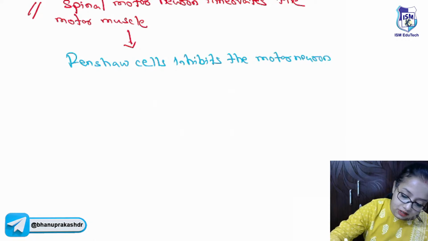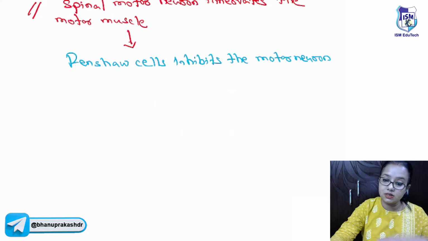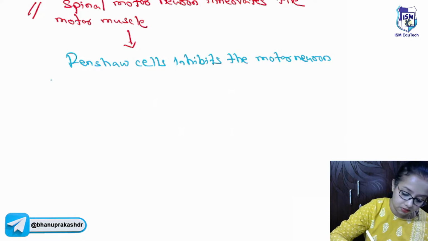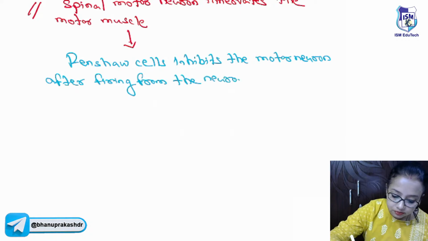Once the firing is done and contraction has happened, the Renshaw cell will inhibit the motor neuron so that relaxation can happen. Otherwise, there will be constant firing from the motor neuron and constant contraction, which is not at all desired. So the Renshaw cell will inhibit the motor neuron after firing from the neuron. Okay.